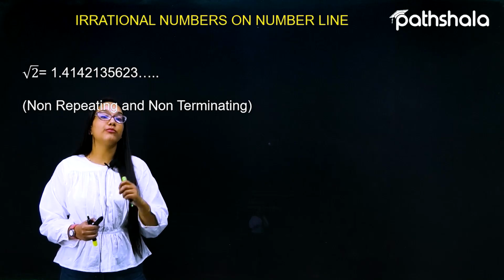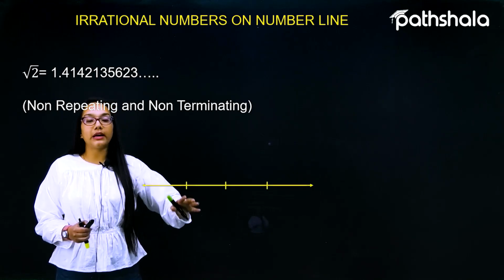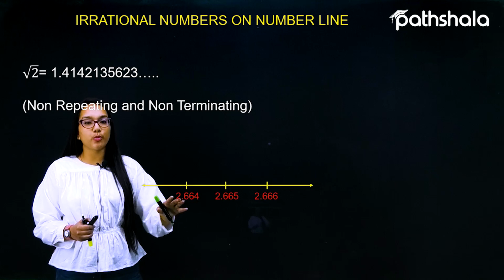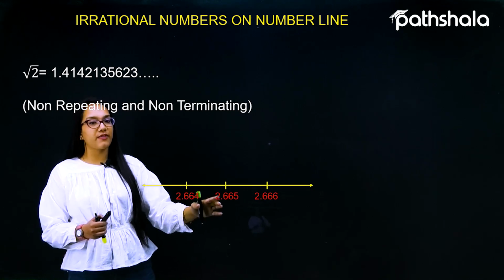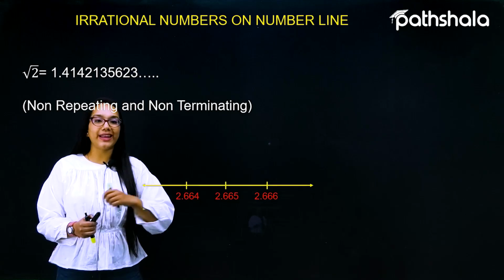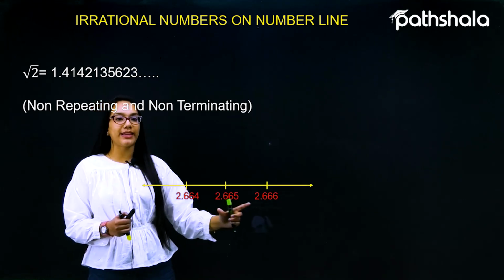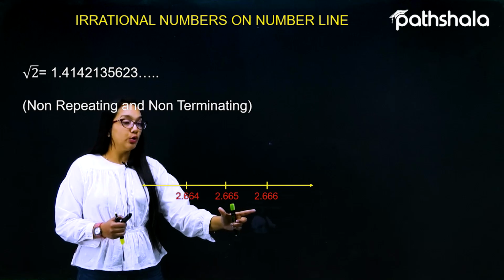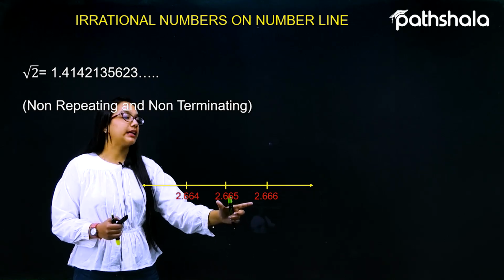So let us suppose I am talking about the number line and I am taking the values 2.664, 2.665 and 2.666. Let us suppose I just want to plot any particular irrational number that is lying in between 2.665 and 2.666.